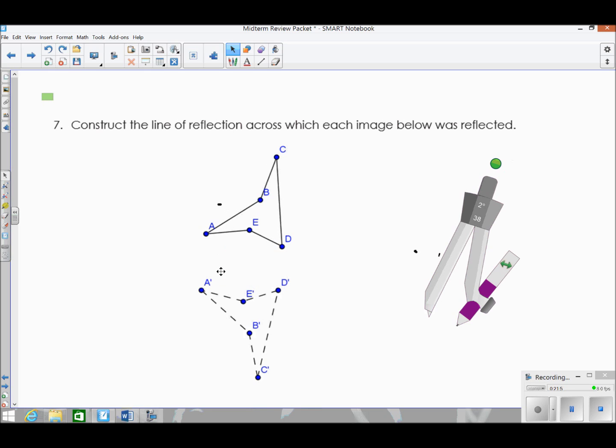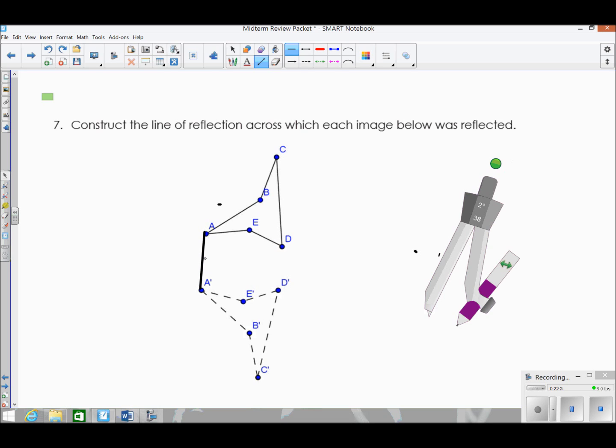If I had to construct a line of reflection for this pre-image and image, basically that means the line needs to go in the middle or equidistant from each set of coordinates because it has to basically create the symmetry between these two figures. So it has to be the same distance away from each pre-image and image point. So what you do is you start with, so I'm just going to start with a line. So let's say I start and I look from A to A prime.